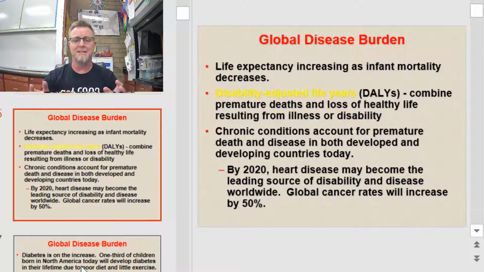You may not see it as a problem where you live, but worldwide, we're seeing more and more people suffering with heart-related illness. And cancer rates could continue to rise. It's thought that by the year 2020, cancer rates could increase by as much as 50%. Now, these are just mathematical predictions, definitely not guarantees, but if the probability is there, that's something we should pay attention to.